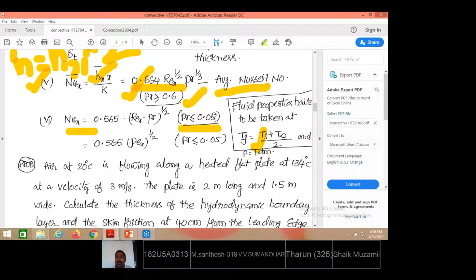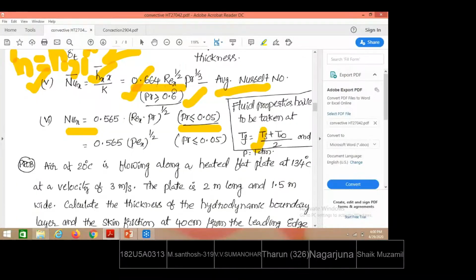When the Prandtl number is less than 0.05, this situation is for liquid metals. The other relation is for lubricant oils or water-like fluids, or otherwise high viscous fluids. For high viscous fluids, this relation must be used for the Nusselt number. It is clearly given in the data book, which fluids use which relation.